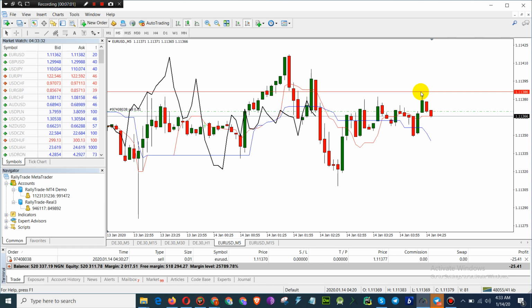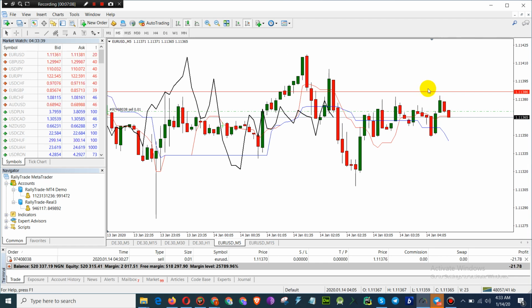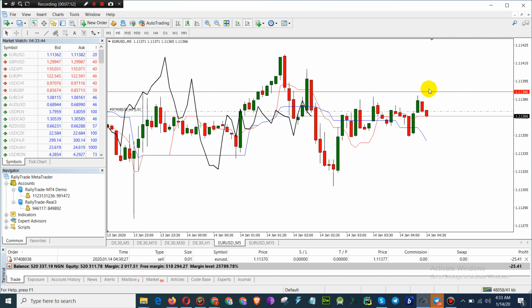So maybe let me set my stop loss a bit far from here. This is my stop loss line.